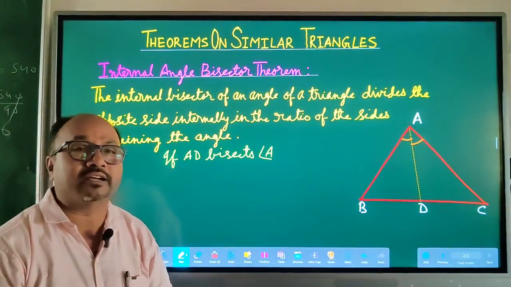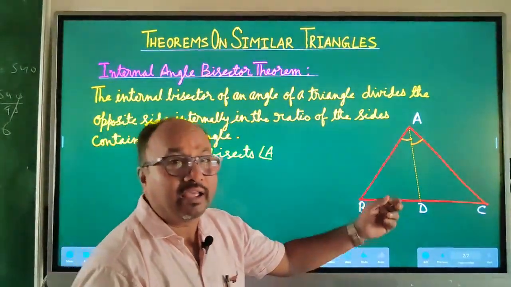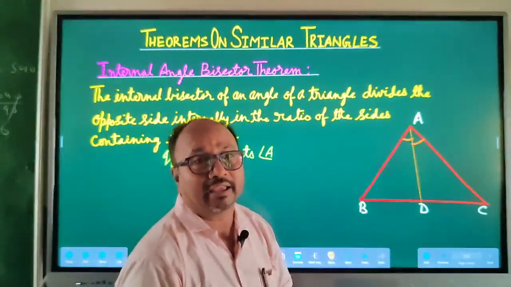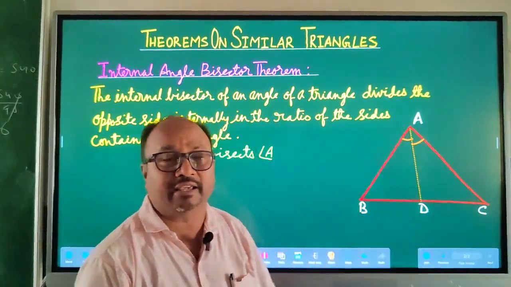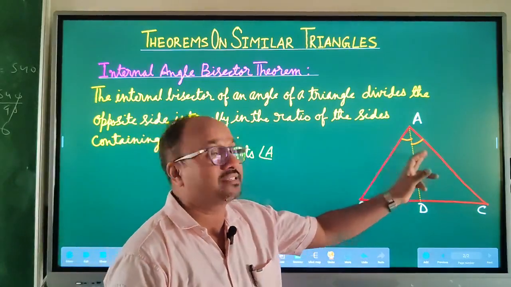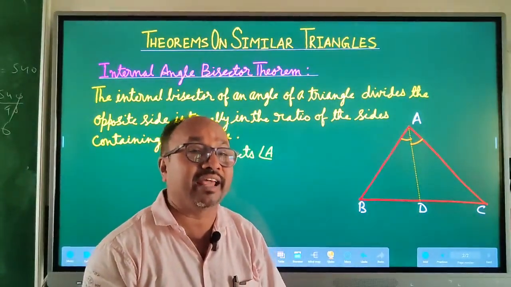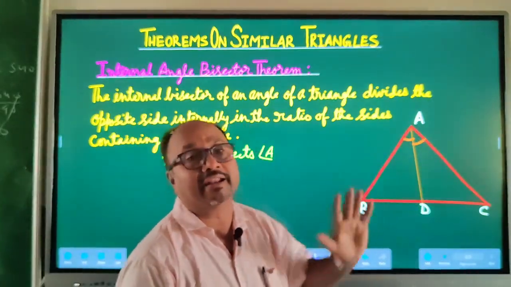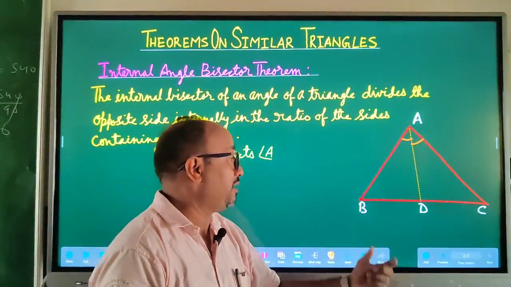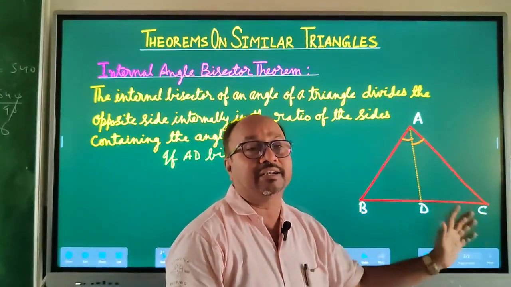Now, which are these sides containing the angle? I have bisected angle A. Angle A is made by the sides AB and AC. So, AB and AC are the sides which contain the angle. So, whatever ratio I get with AB and AC, the same ratio will be of BD and DC.